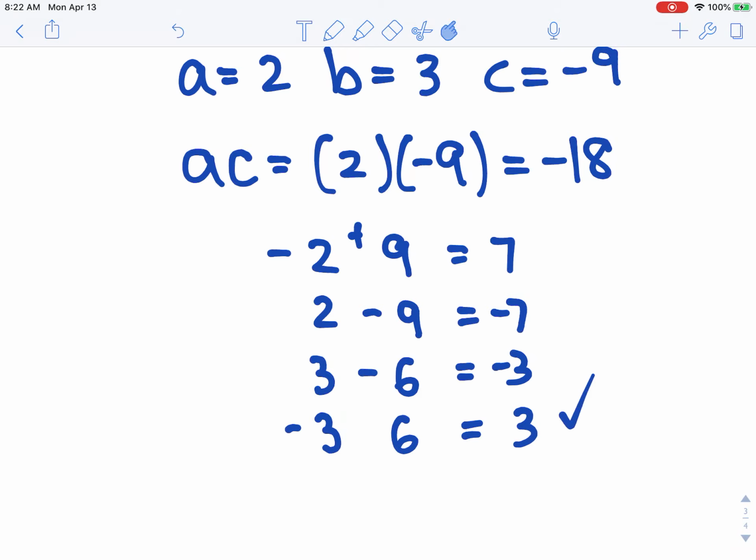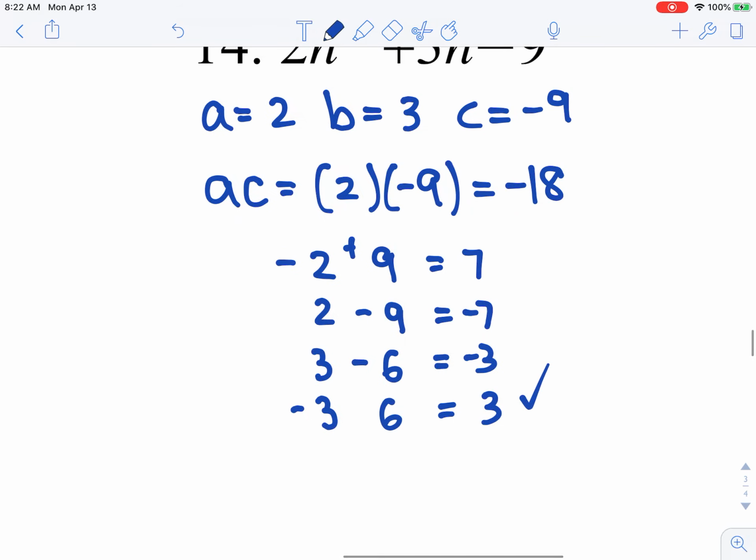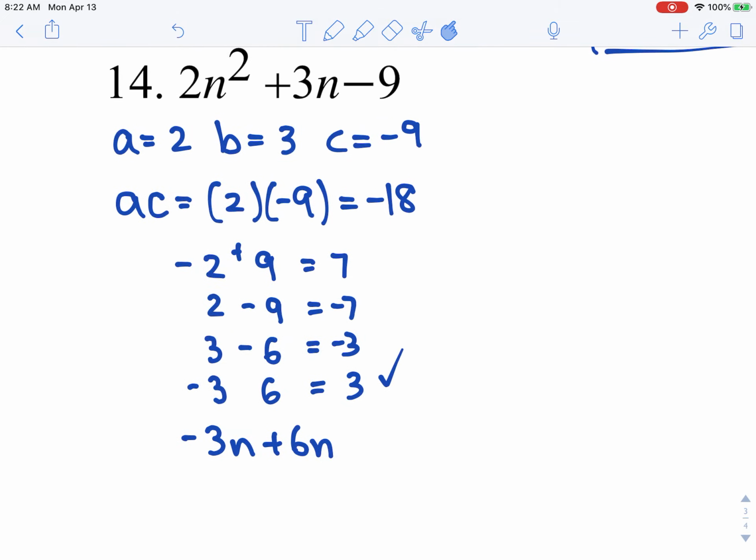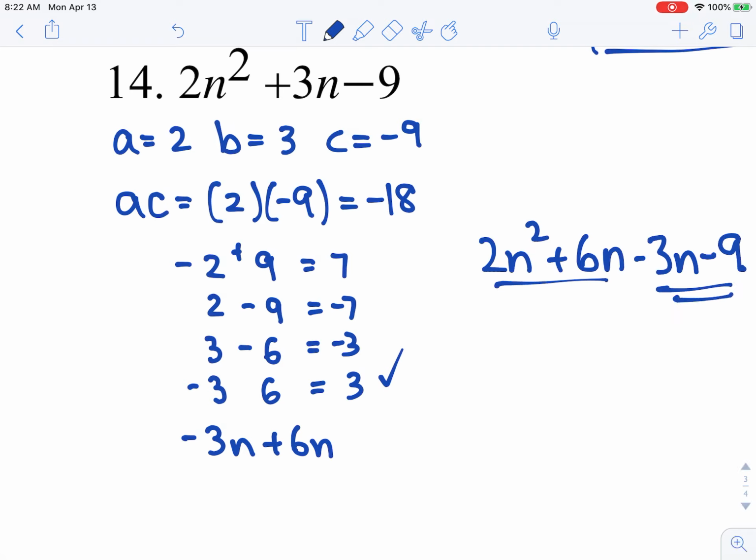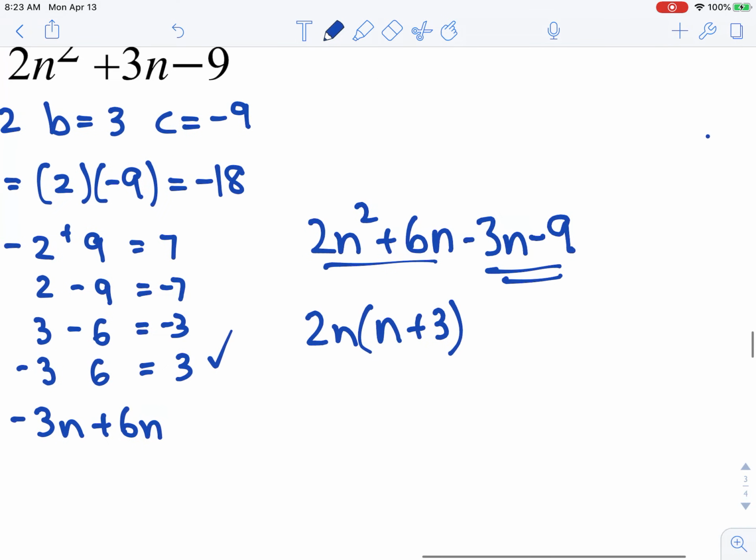So I'm going to make sure I get the right variable this time. These are n's again. So I'm going to use minus 3n plus 6n. But I need to write the 6n with the 2n squared. Factor out a 2n. And again, I need a plus, and it's a minus on the last term, so I'm going to factor out a negative 3.